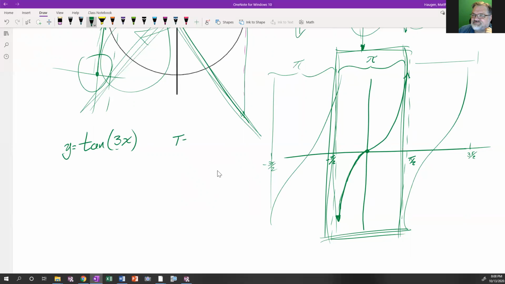And we know from what we've done over here that this natural period for tangent is only 1 pi. So then when we divide that by our 3, our compression factor, we're going to get a period of just pi over 3.